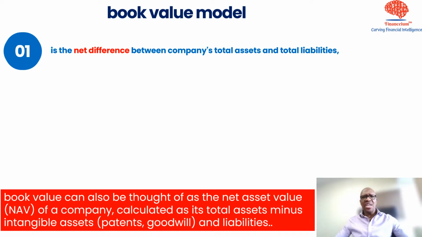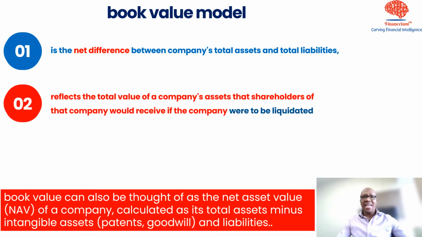I've already said you look at the net difference between your total assets and your total liabilities. What I need to highlight here is that when you look at your total liabilities, you may choose not to consider the shareholders' equity, because in fact, this is what you're trying to get at.